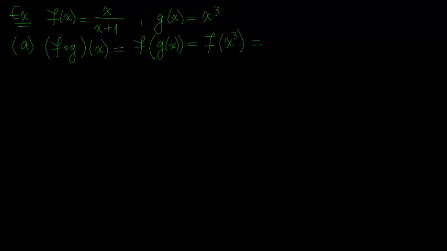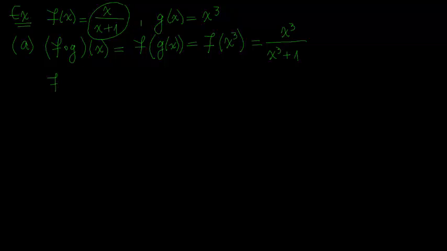So now I evaluate f at x cubed, so I look at the rule of f, and wherever I see an x, I will replace it by x cubed. So if you had f of 5, you will get 5 over 5 plus 1. So with x cubed, you get x cubed over x cubed plus 1.